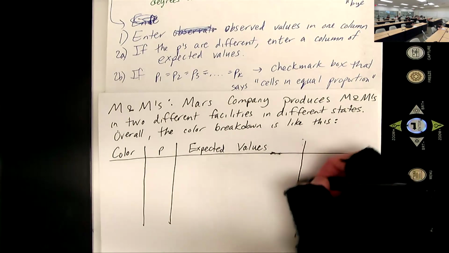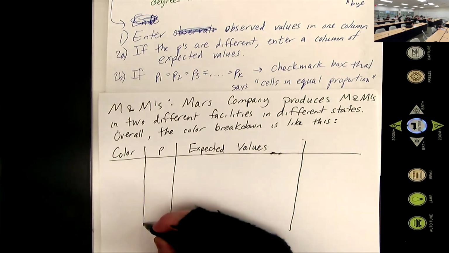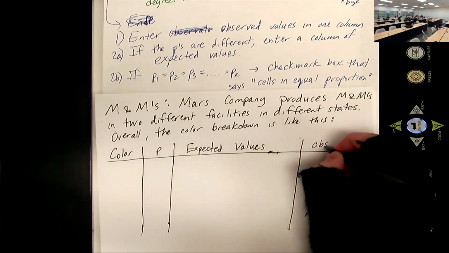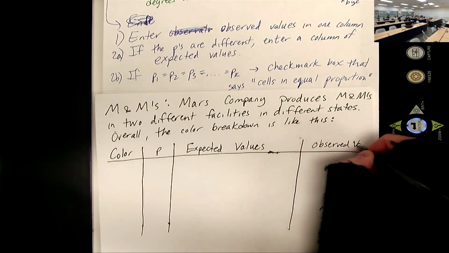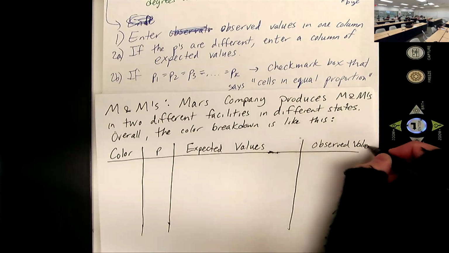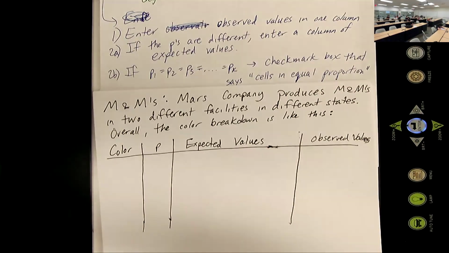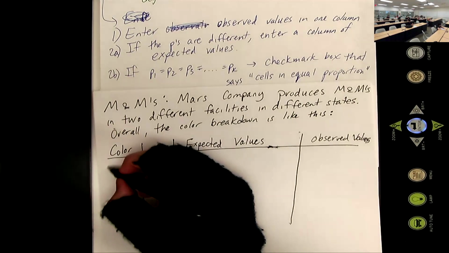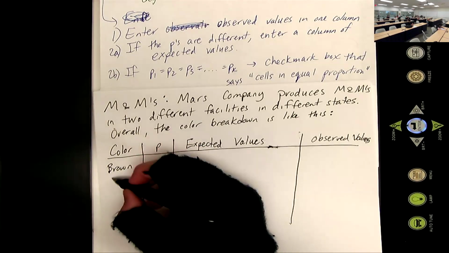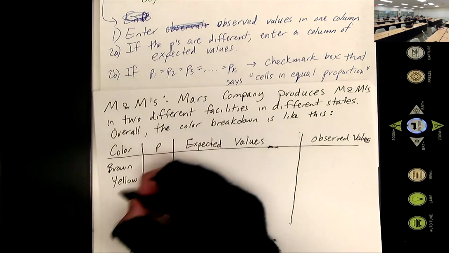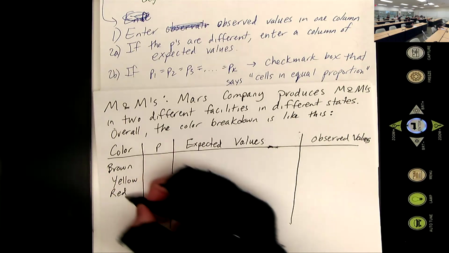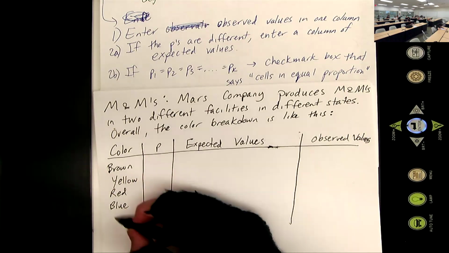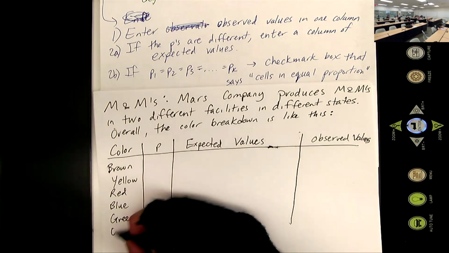We're gonna do some calculations here. And then I'm gonna have a column for observed values. So what are the colors? We got brown, yellow, red, blue, green, and orange. That's a standard bag.